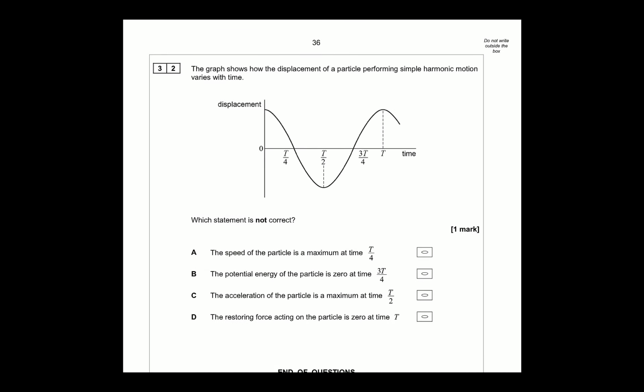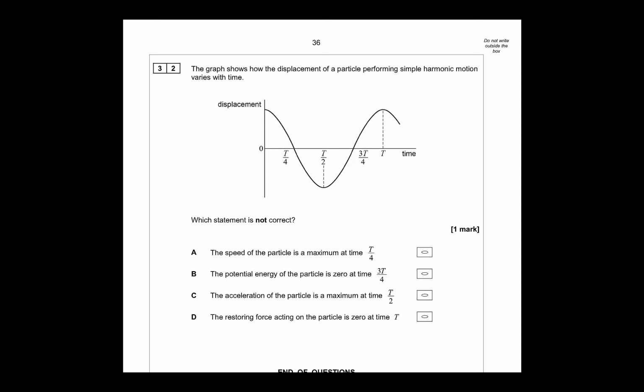This graph shows how the displacement of a particle performing simple harmonic motion varies with time. Which statement is not correct? The speed of the particle is maximum at T over 4. That is true, because that's zero displacement, so it'll have the most velocity. Energy of the particle is 0 at 3/4 T. The potential energy, yes, that's true.